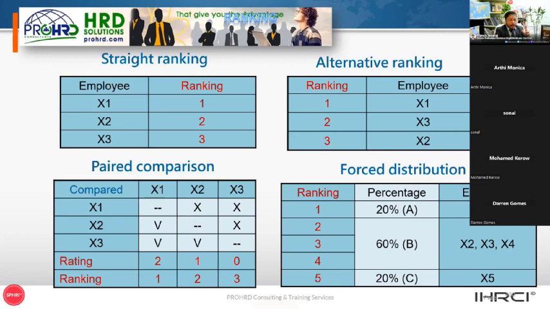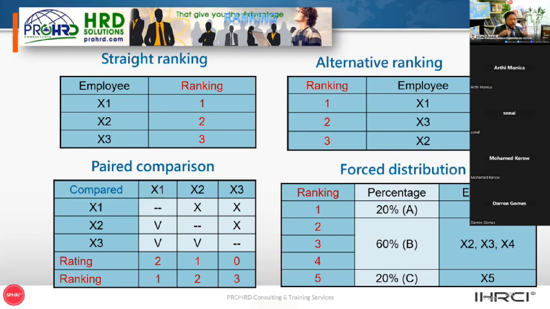It can vary company to company, it can be 10%, 15%, 30%, like that. For example, a supervisor could be required to place an employee into the top level, middle level, and bottom thirds of the distribution. So forced distribution is primarily used to eliminate rating errors such as leniency and central tendency.